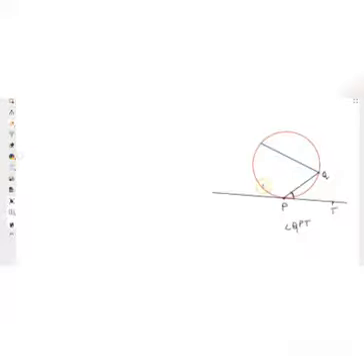Now as we learned, let me draw it. Suppose at this particular point, let me say this is point A here. Now is there any relationship between this angle and this angle?